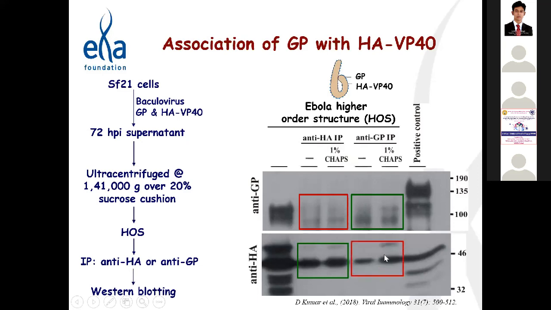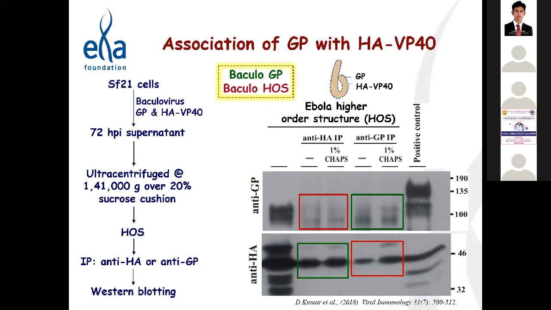When we did anti-GP immunoprecipitation, HA-VP40 was also visible. So this indicates that these two are associated with each other in some structure. We did not go for electron microscopy to prove these structures further.